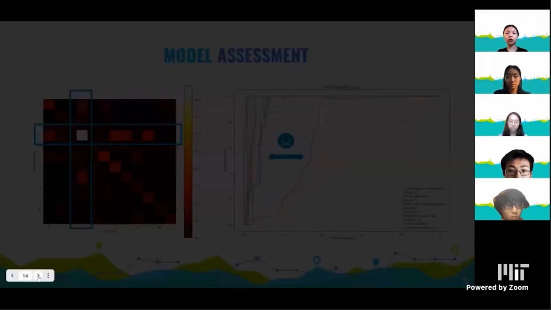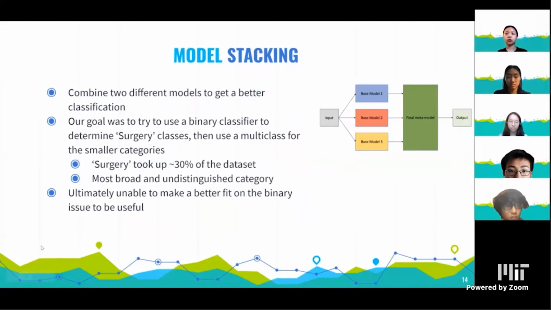So in order to change this, we wanted to do some model stacking, which is using different models and combining them to get a better classification instead of having a one-size-fits-all kind of solution. We wanted to use a binary classifier to determine whether this patient is in the surgery class or not, and then use a multi-class classifier to classify all the other labels.